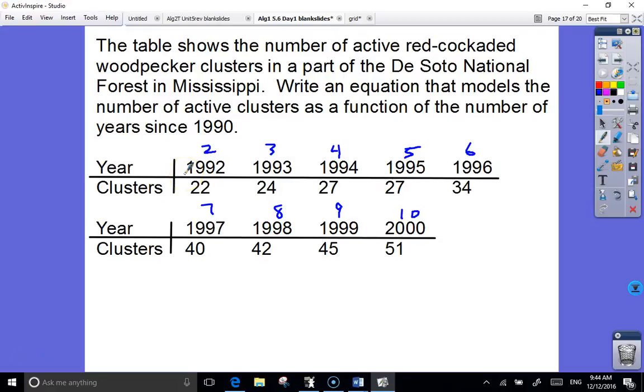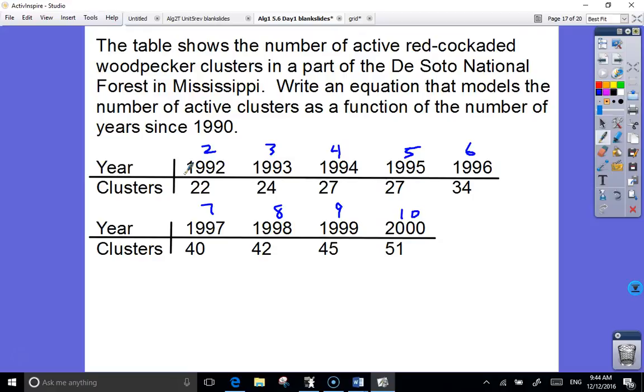So go ahead and try to enter those in the calculator. Remember, stat edit, put in all those values. L2 will be 22, 24, 27, right?